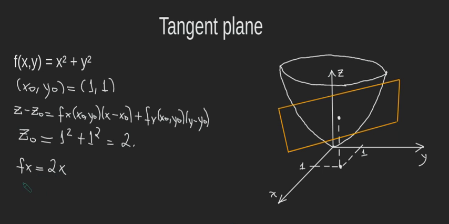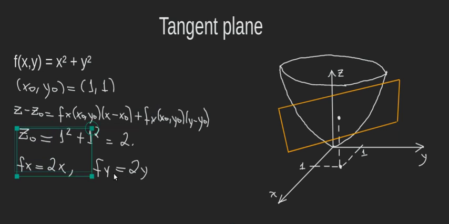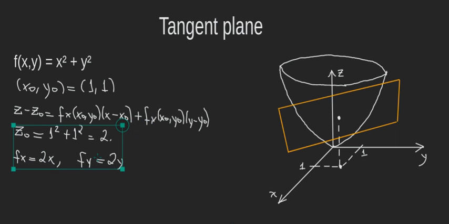And the derivative of f with respect to y: the x squared does not depend on y, so it is constant with respect to y, so its derivative is 0, and the derivative of y squared with respect to y is 2y.